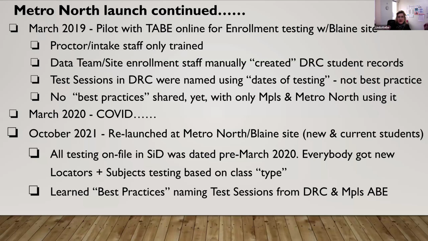If we found that they had TABE 11 results living in SID, we also created test sessions that were 12 reading plus locator, 12 math plus locator, 12 language plus locator. So testing wasn't duplicated. That was a practice that we learned from Minneapolis, and it was a very good practice. We still use it to this day.